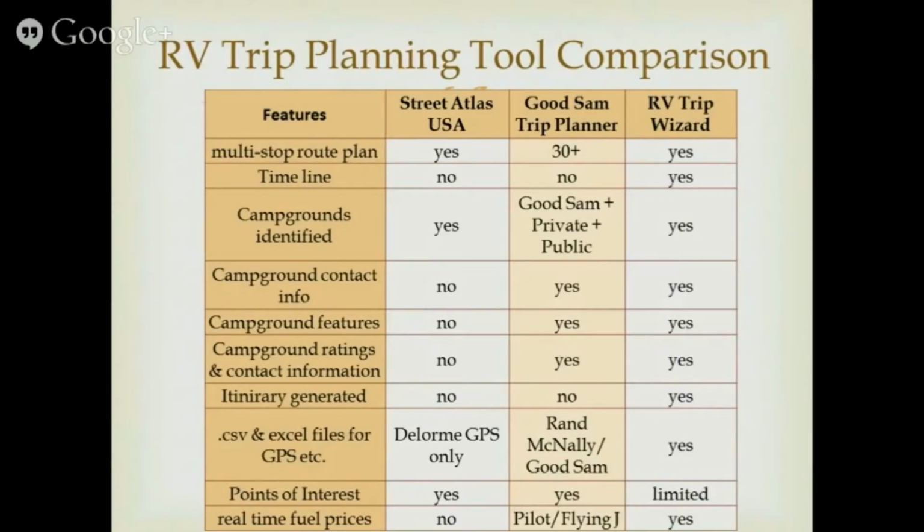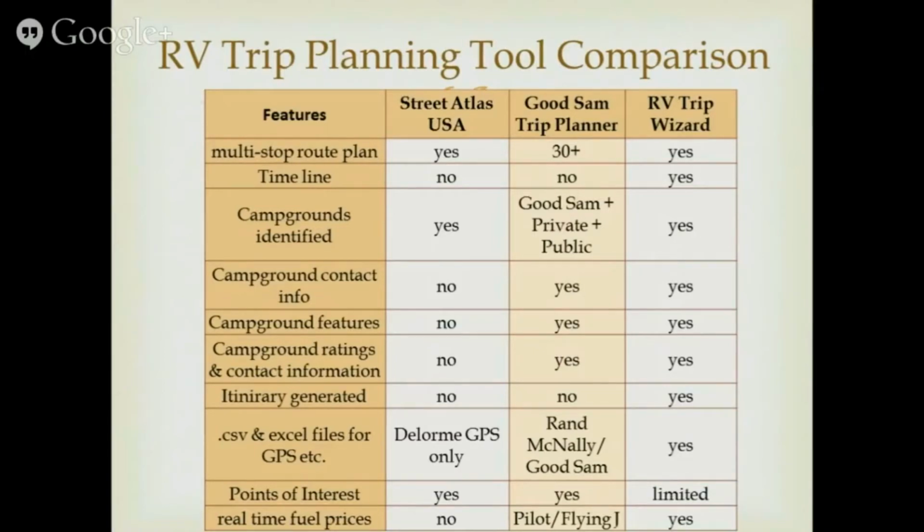Is there a CSV and Excel file for GPS? Well, I've identified that for Street Atlas, for Good Sam Trip Planner, and for RV Trip Wizard. So it tells me which of the features I'm looking for that a particular tool gives me. So this is a way that I can look at these things and decide which one to go with.